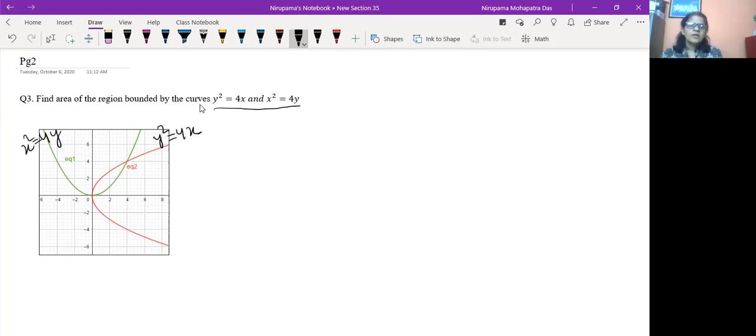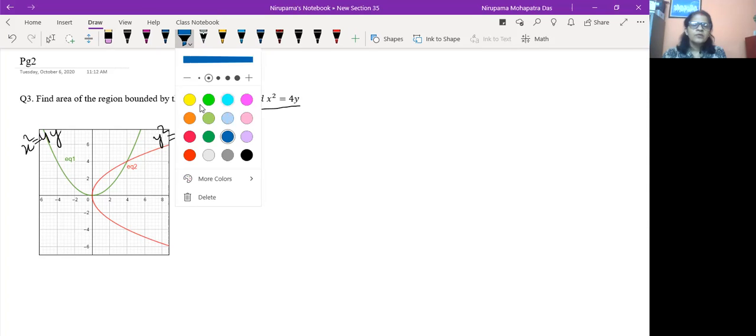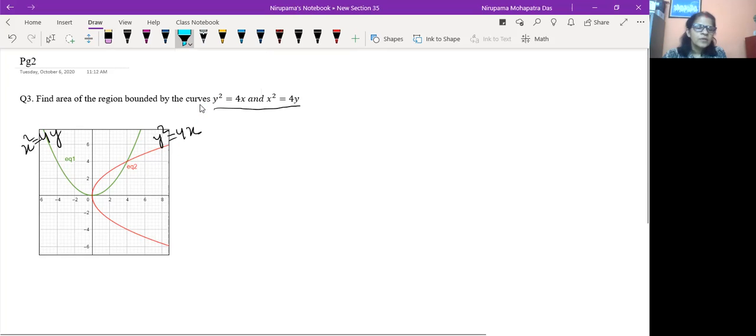The rough sketch is drawn, and in the shaded part you can observe the area bounded by the two curves, very clearly evident from the rough sketch.